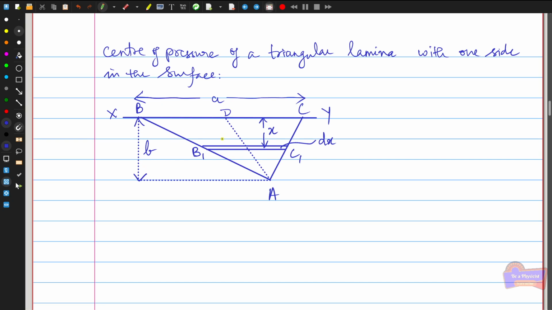Suppose we again divide the triangle into a number of elementary small strips with a thickness of dx, parallel with the surface BC, and we consider one of the strips situated at a distance x from the liquid surface, named B1C1, so that we can again find the area of the strip, which is different from what we calculated earlier.